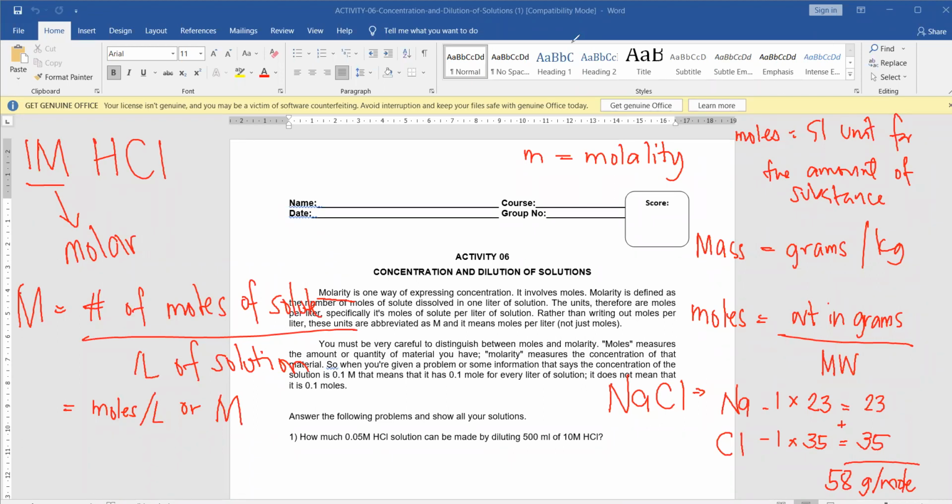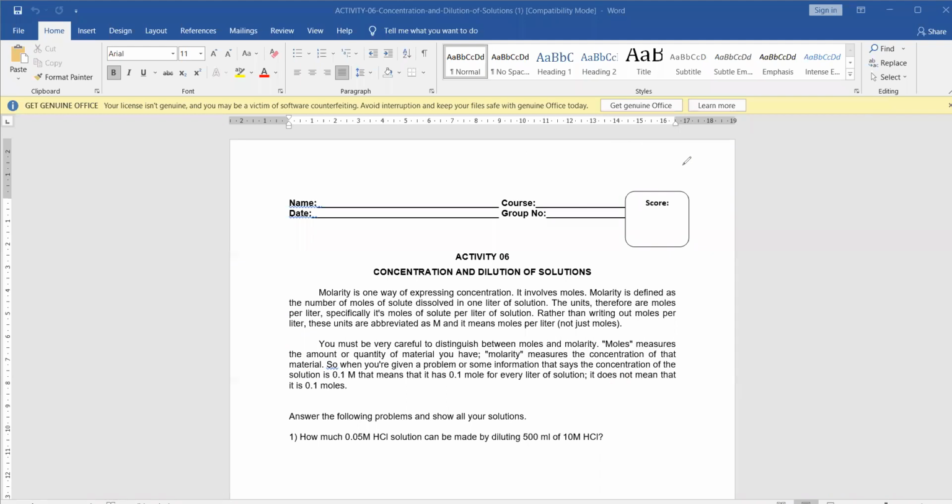So let me give you another example. If ever hindi pa naintindihan, we are still in the computation of the molecular weight. So example, the compound na binigay is sodium bicarbonate. Again, the compound na binigay is sodium bicarbonate.